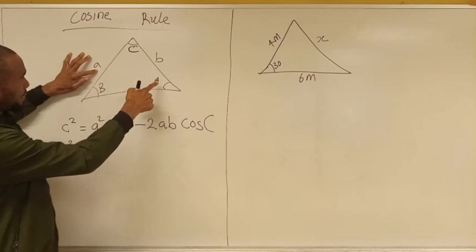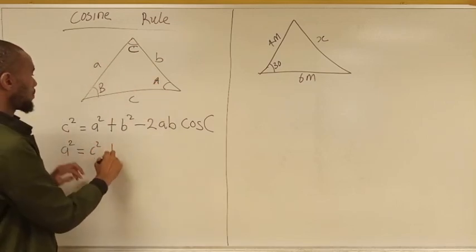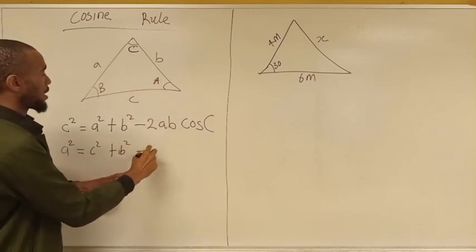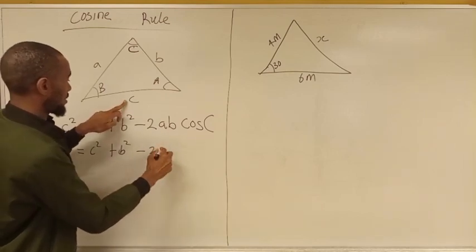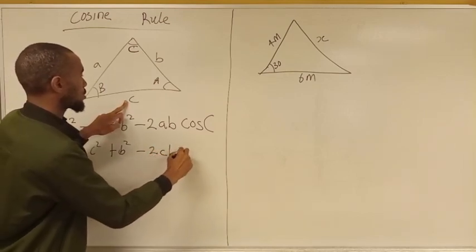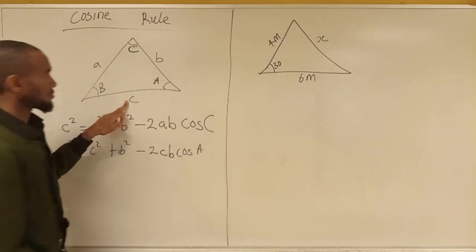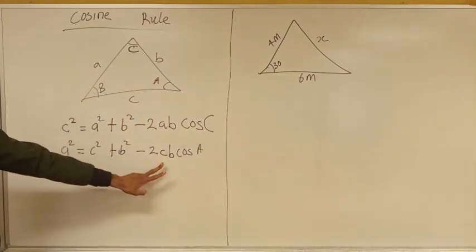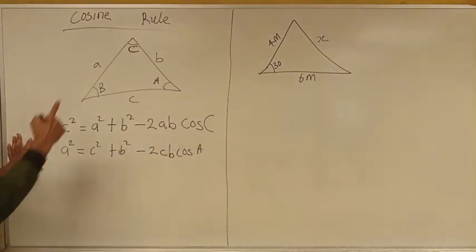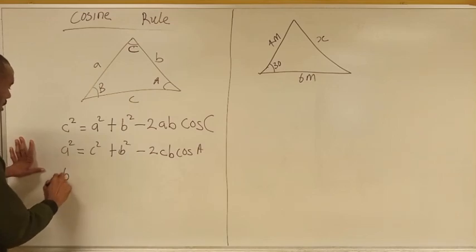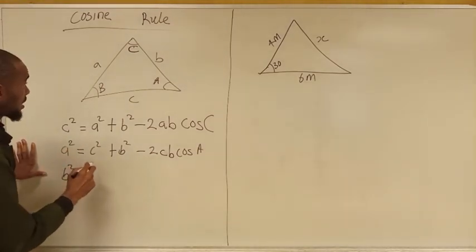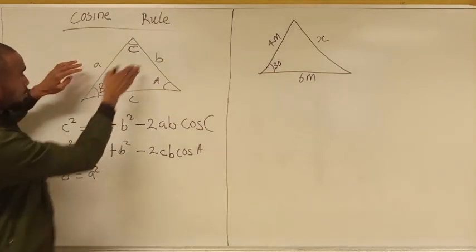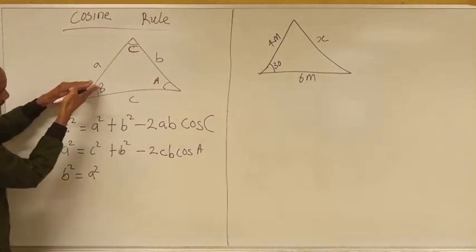Then it has to be c squared plus b squared minus 2cb cos A. And then if I'm looking for b, it means b squared, I'm considering this angle.